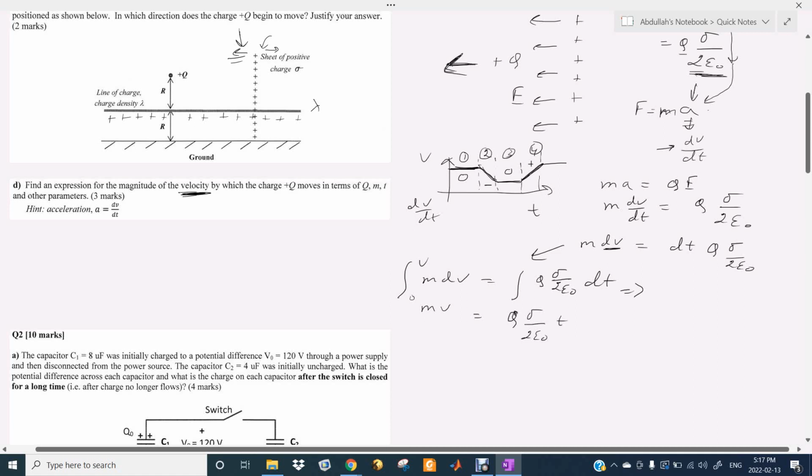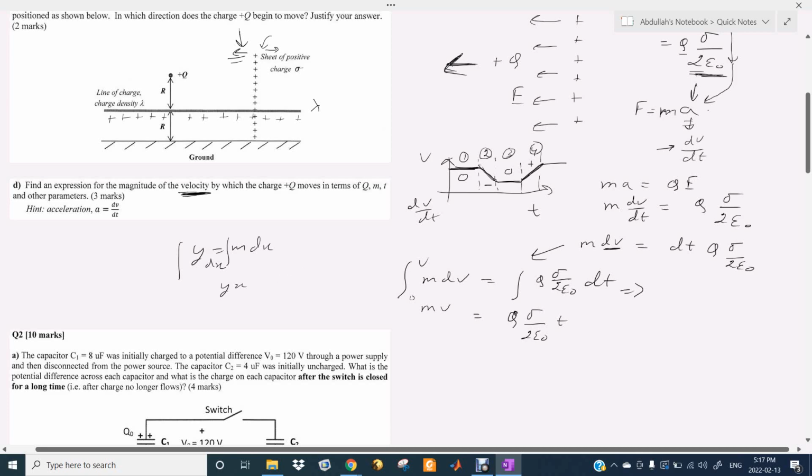This is basically saying that if you have, let's say, y equal to m, and you integrate both sides in terms of x, that becomes mx. That's the other way of saying this.